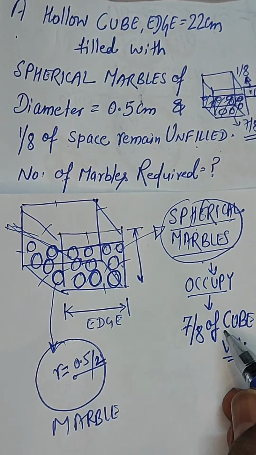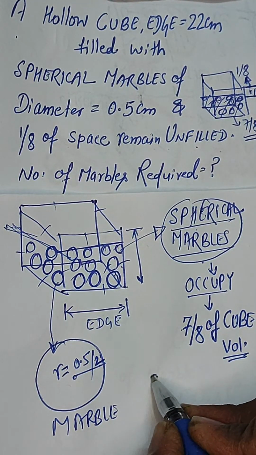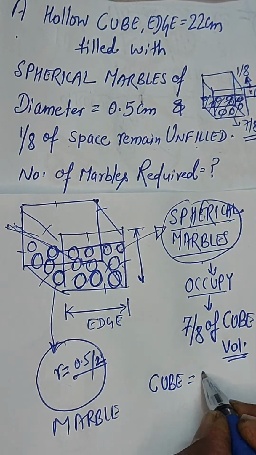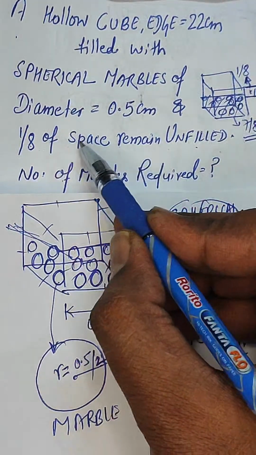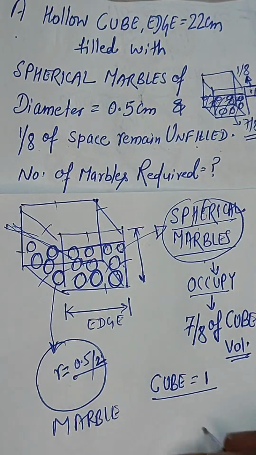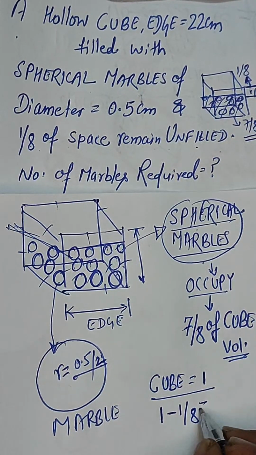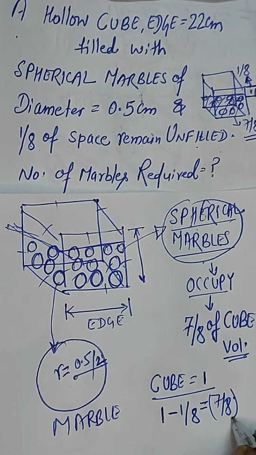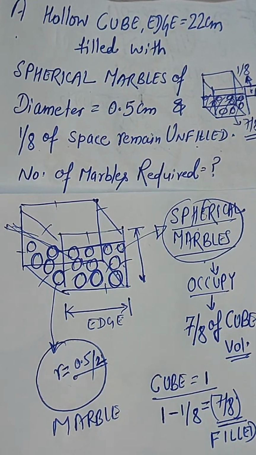Why 1 by 8? Because if the complete volume of the cube is considered 1, then if 1 by 8 of the space remains unfilled, 1 minus 1 by 8 becomes 7 by 8, which is nothing but the filled portion of the cube.